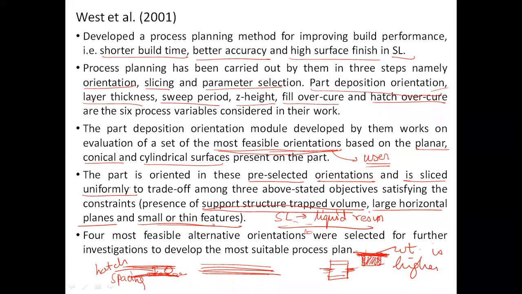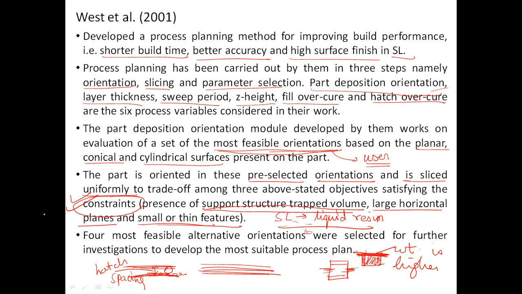So the constraints of stereolithography were very huge. Even if you decided on some pre-selected orientations, you still had to keep in mind how these constraints are going to be satisfied. That is, support structure trapped volume has to be minimized, large horizontal planes have to be minimized, and thin features or small features have to be reinforced.